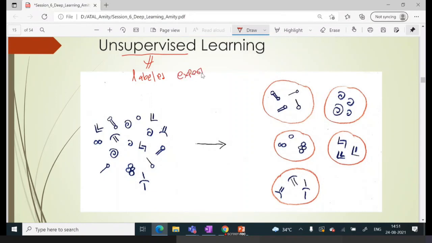For example, if I have one image of a handwritten one like this, an expert will assign its corresponding value to it, which is nothing but 1. This is my label. So whenever we talk about supervised learning, we have objects, and along with the objects we have their values, which are represented as labels.